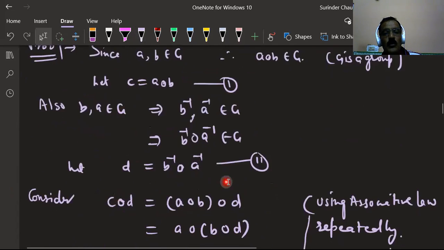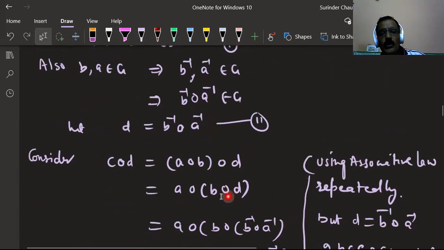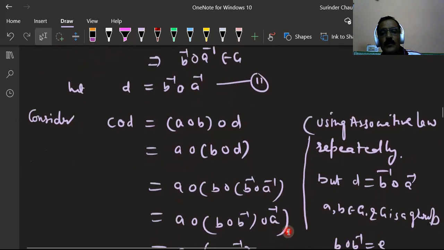So let us put this as d. Now consider c composition d, which is equal to a composition b composition d. The associative law holds true, therefore a composition b composition d, and substituting the value of d, d is equal to b inverse composition with a inverse.